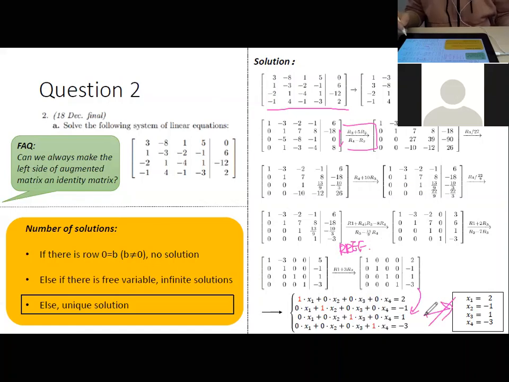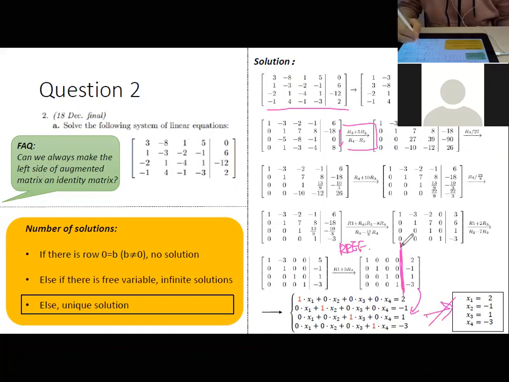If you want to check the details of Gaussian elimination, please do this after the tutorial. Now we can see there is a green block. Your classmates have a question like this: can we always make the left side of the augmented matrix an identity matrix?